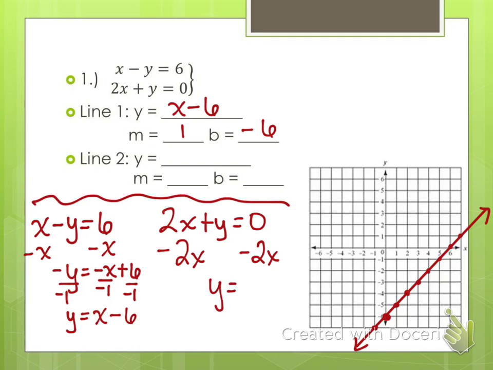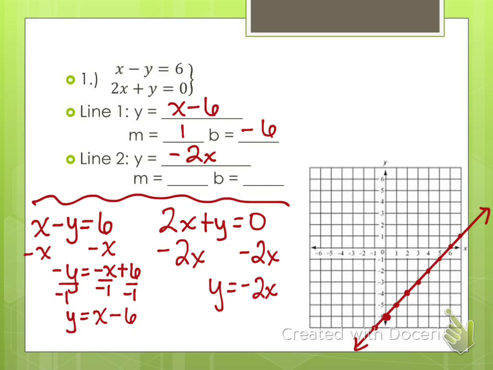Y equals... What should I write on the other side? Not seeing many new hands yet. Natalie? Y equals negative 2x. Very good. Negative 2x. You can put the plus 0, but you do not have to. It's up to you. It might help some people to put the plus 0 there, but you won't usually see it written like in a textbook or anything. So we have y equals negative 2x.